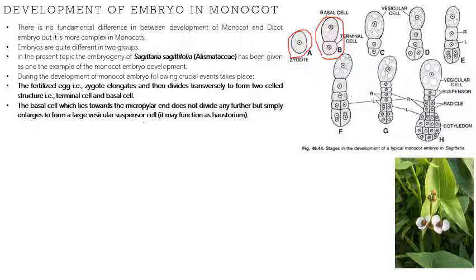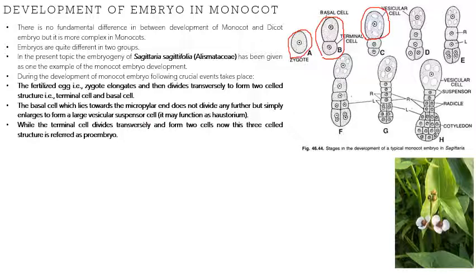This particular cell functions as a haustorium for absorption of nutrition, while the terminal cell divides transversely and forms two cells.